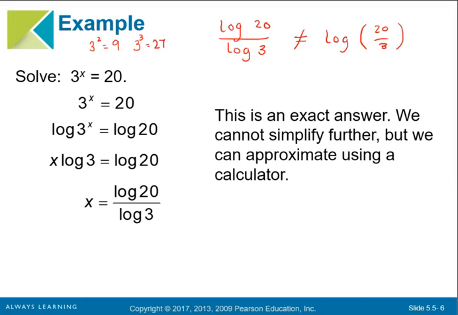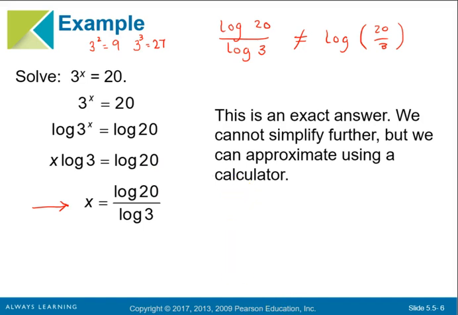I want to point out that this is our exact answer. If you are asked for the exact answer, this is what you're going to give: log base 10 of 20 over log base 10 of 3. That is our exact answer. Now, because it isn't the exact value of 2 or 3, we know that this has to be irrational.